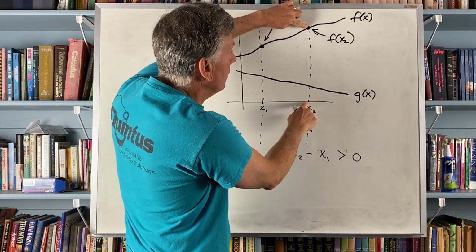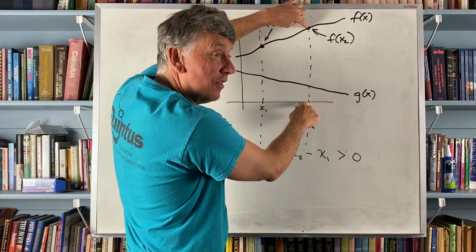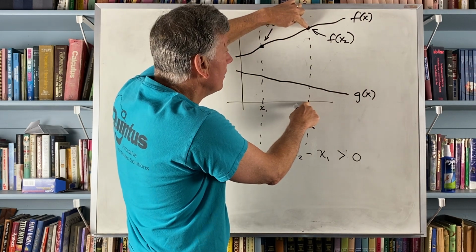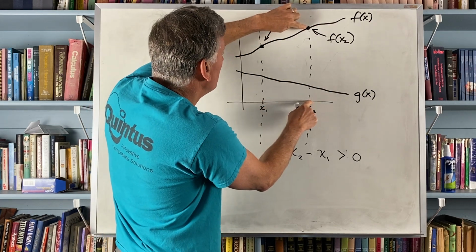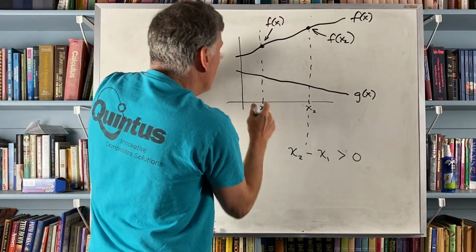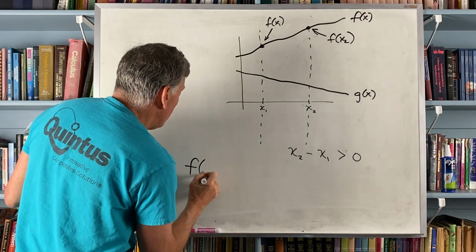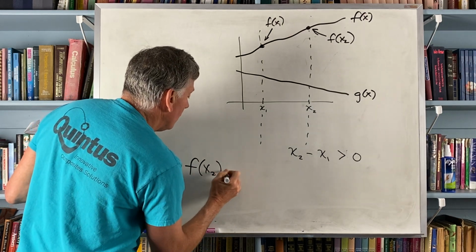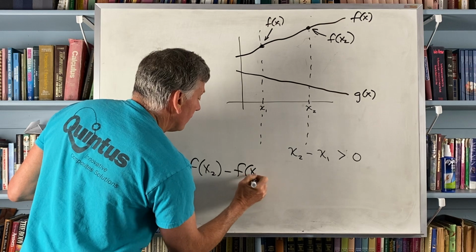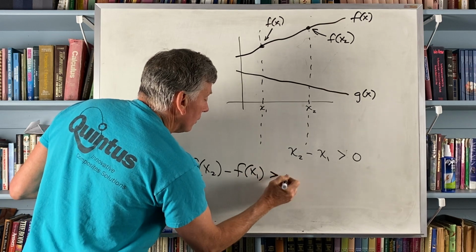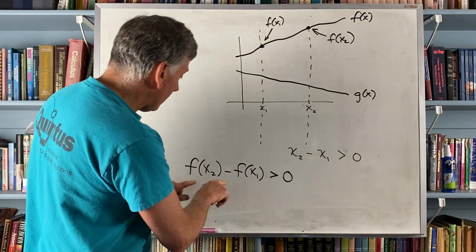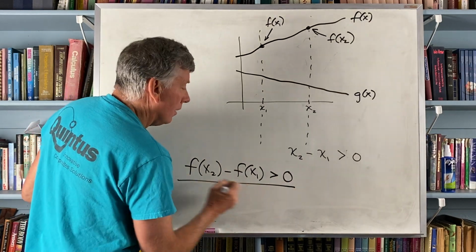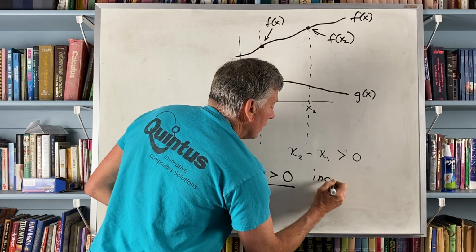This height for f of x sub 2 is higher than this height. This number is bigger than this number. So f of x sub 2 minus f of x sub 1 is bigger than 0. And we say that this function is increasing.